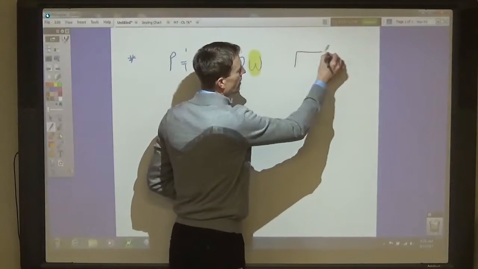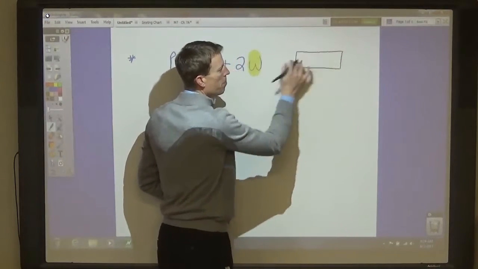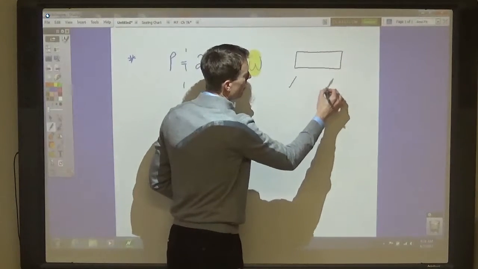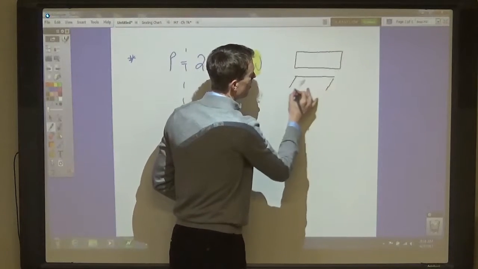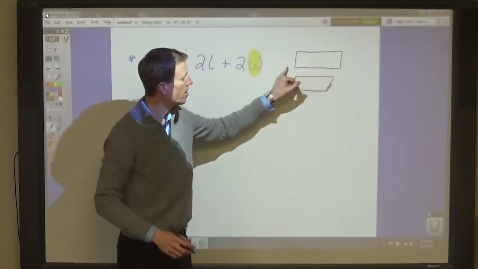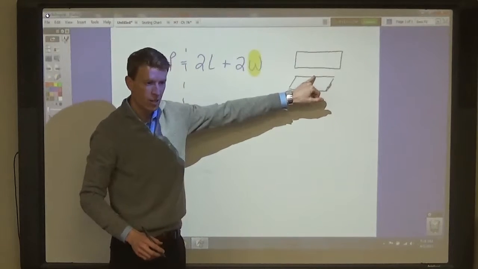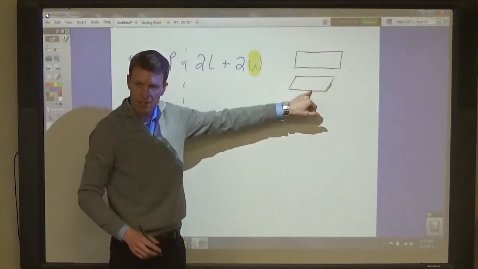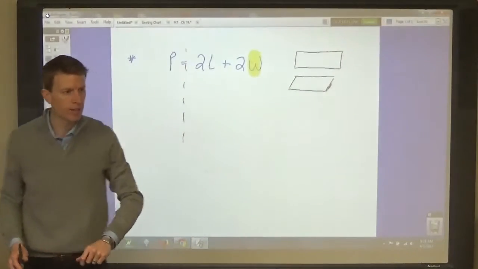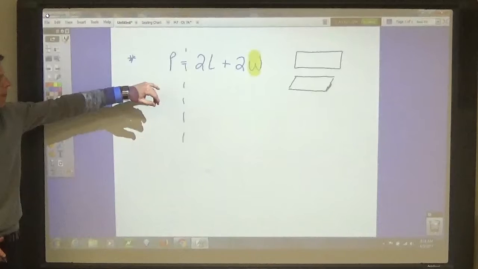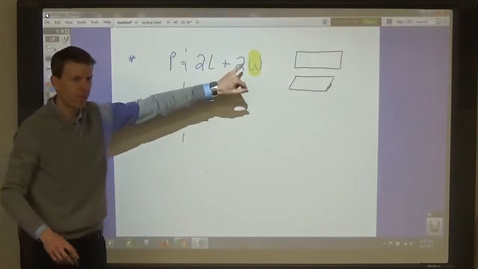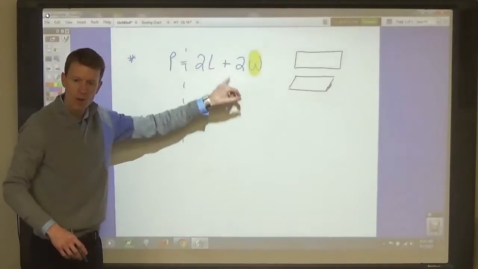On any rectangle, where the opposite sides are equal length, the perimeter, the distance all the way around it, is equal to 2 times the length plus 2 times the width. Now, if we know the perimeter and the length, we have to find the width, and we have to transform this.